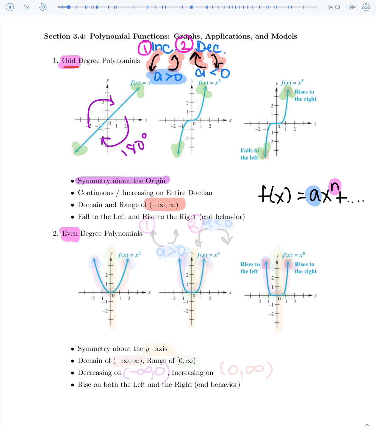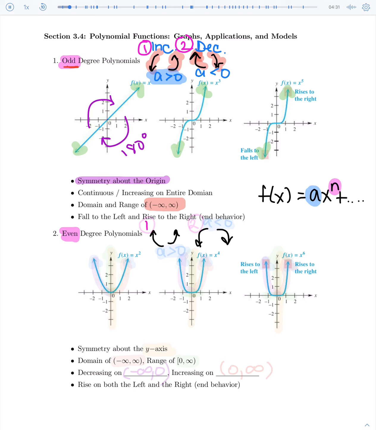Looking at even degree polynomials, notice what you have is kind of the reverse. Either both sides are going to be pointing up at the ends, or both sides are going to be pointing down. So even means that the ends of our graph are either going to be pointing in the same direction, either both up or both down.